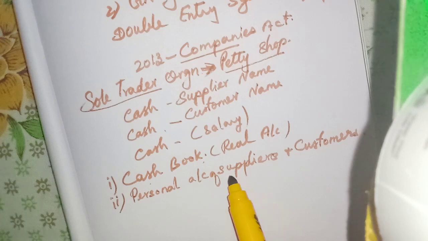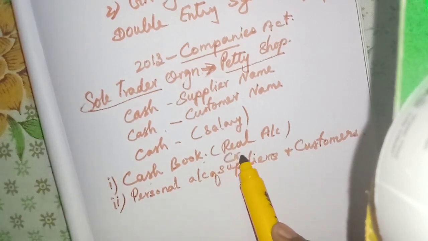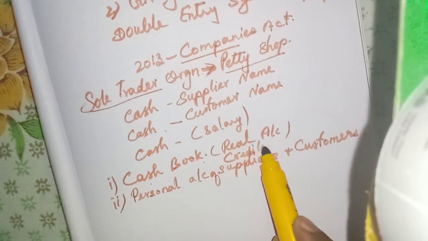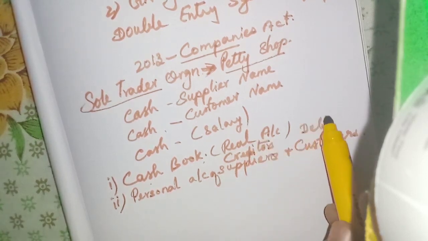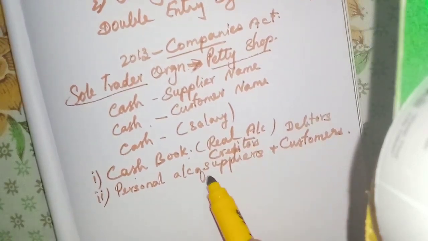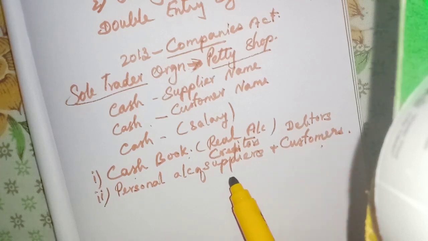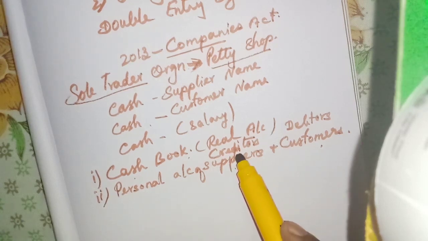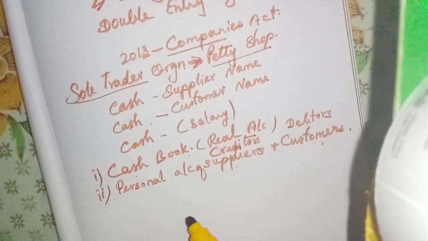So the accounts of suppliers and customers will be maintained, or you can say the debtors and creditors. Here the suppliers are called the creditors and the customers are called the debtors. They are our debtors, the business debtors or customers, and for the business the suppliers are the creditors. We need to pay the amount to these creditors and receive the amount from the debtors.